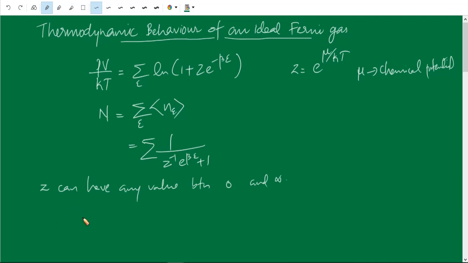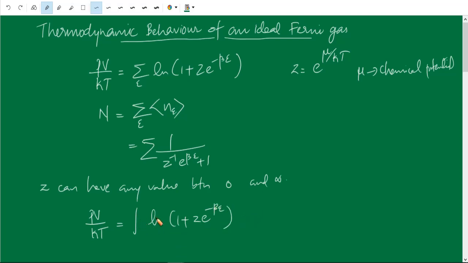Now, if the volume of the system is large, then the energy levels are very close to each other. Therefore, we can say that the energy spectrum is continuous. Therefore, we can replace the summation in these two expressions by integration. So PV divided by kT is equal to the summation of log(1 + z e^(-βε)).